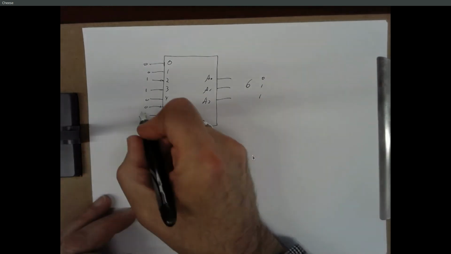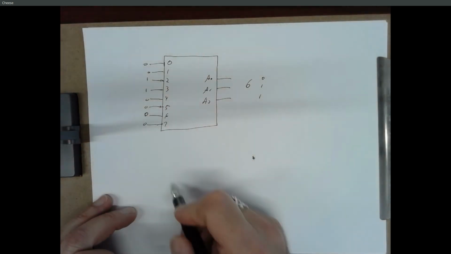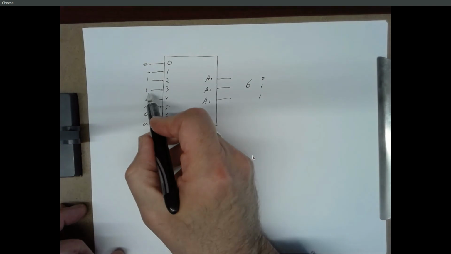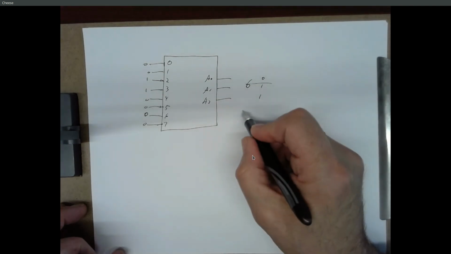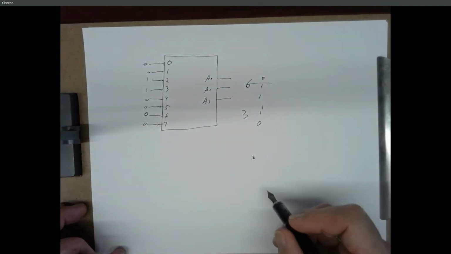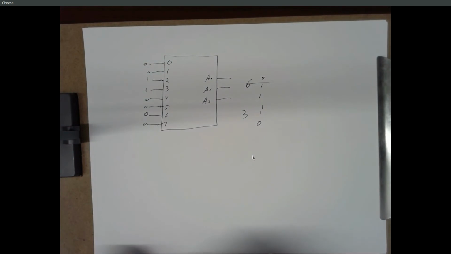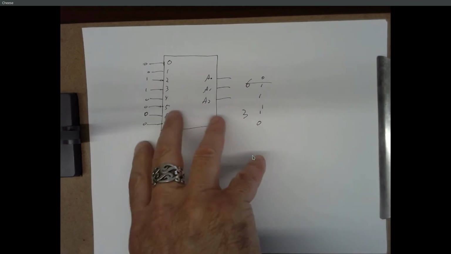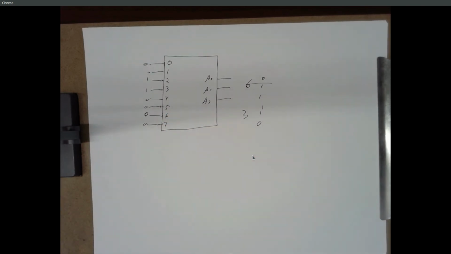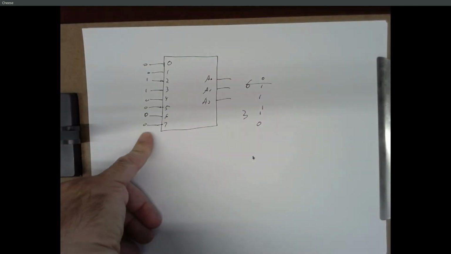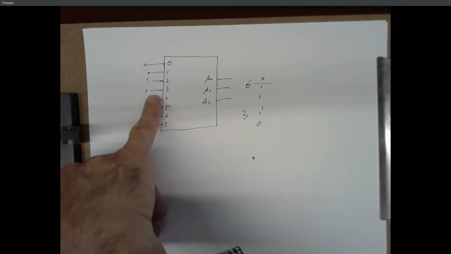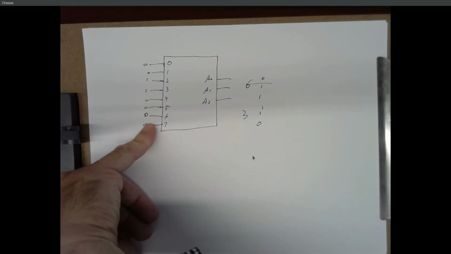And if this input is a 0, the highest priority input is now input 3. I'd like this to output a 3, which in binary would be 0, 1, 1. And so this is what's called a priority encoder. It basically takes, in this case, 8 inputs, and it tells you the priority of the highest numbered input that's active.